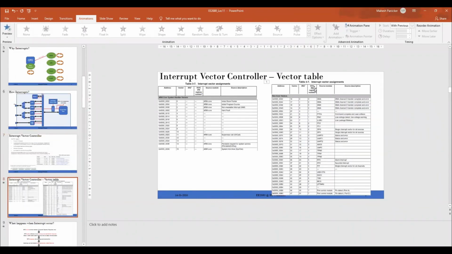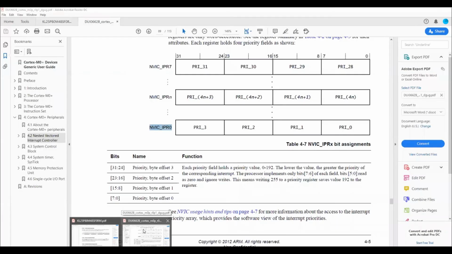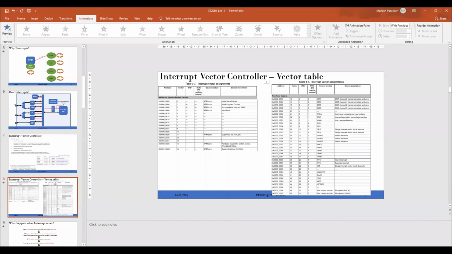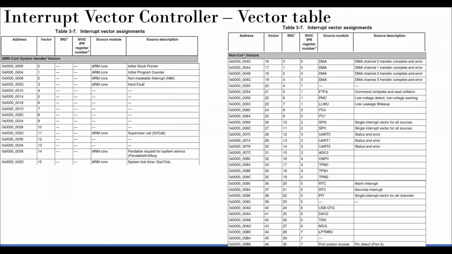So they occupy that, in the correct order: 0 corresponds to this one, then this one, then this one, and this one. Similarly, 31 to 0, those are here, NVIC IPR 7. So this 7 is what we are seeing over here. So NVIC IPR 0, these 4 of them, 1, these 4 of them, 2, these 4 of them, and 7, these 4 of them.